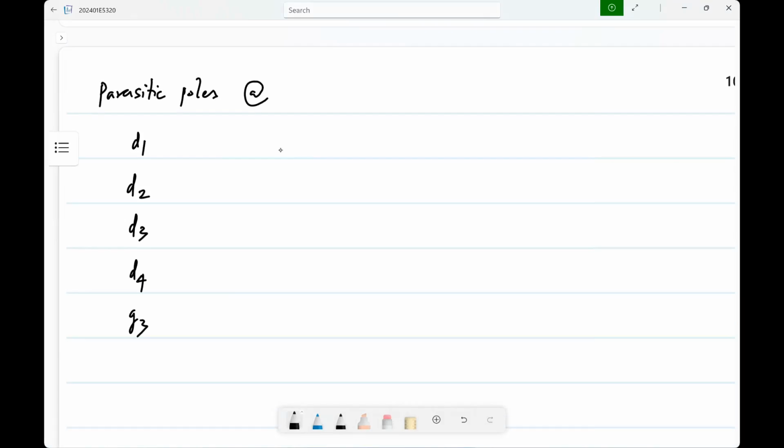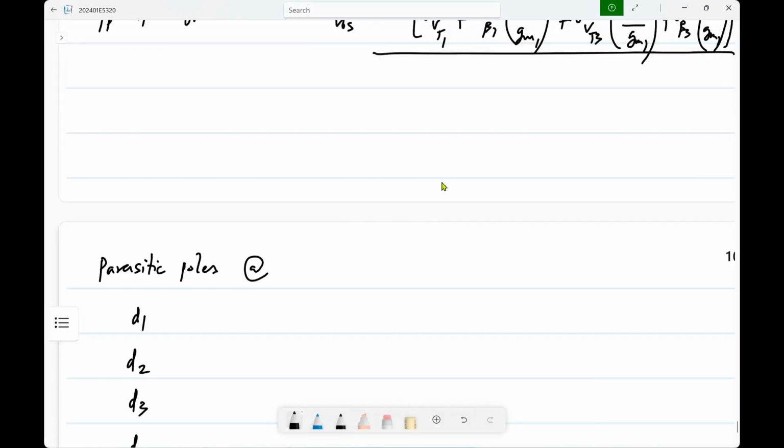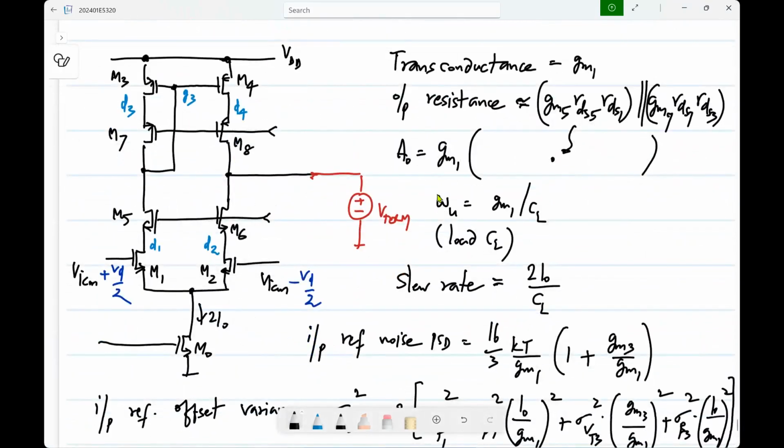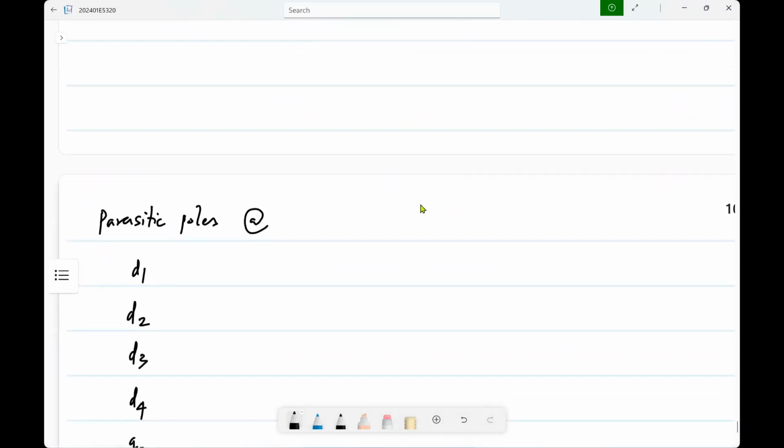Okay. So at D1, what is the conductance component that you get for the parasitic pole? I mean, these poles will be of the form of some conductance by some capacitance. What will be the conductance? GM5, right. So this will be GM5, and this is GM6, which is the same as GM5.